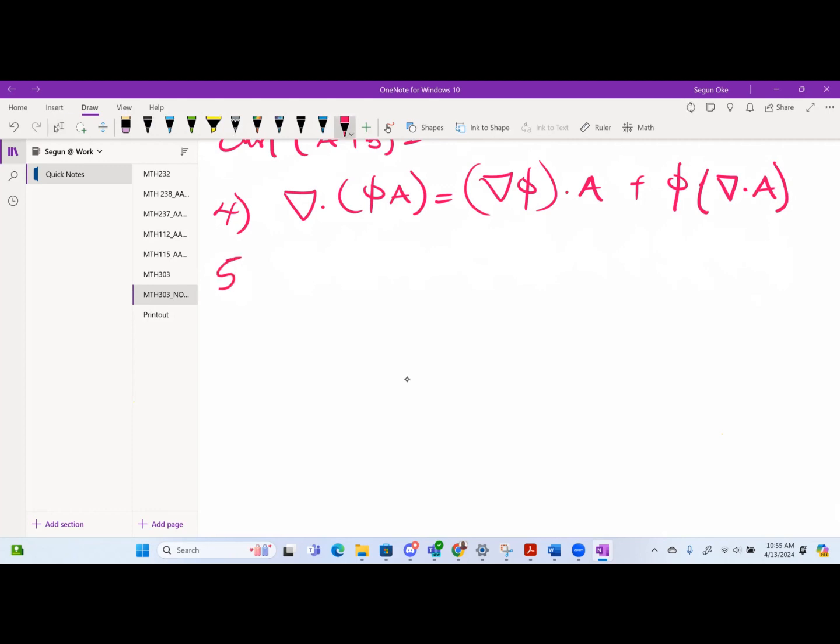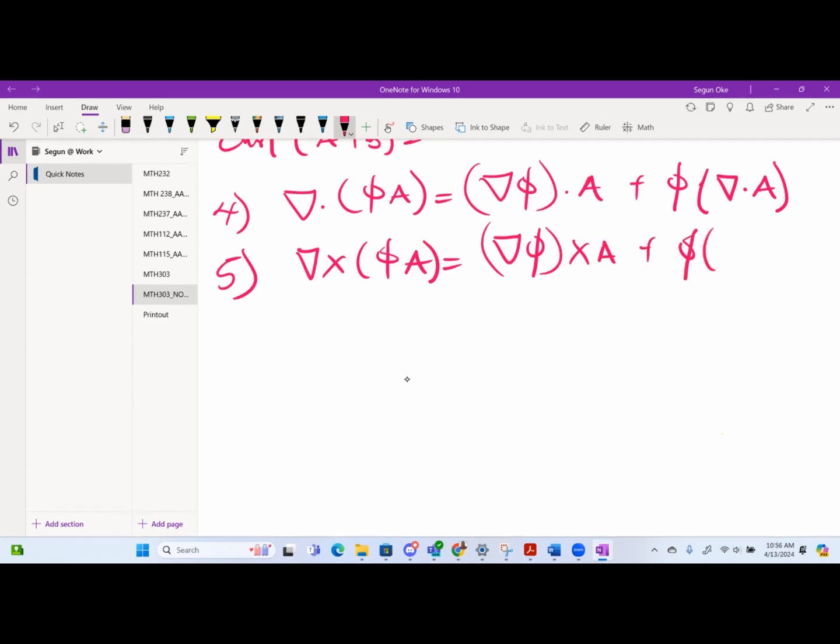Number 5 says del cross phi A equals del phi cross A plus phi del cross A. You can see it's a different thing.